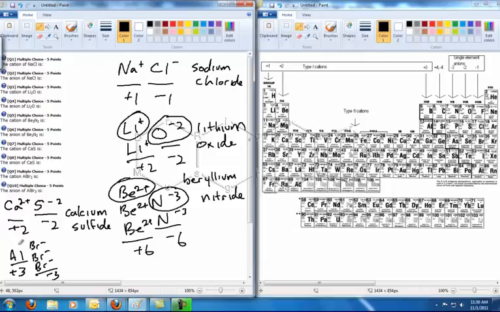And that means that the aluminum must have a 3 plus charge. And if we look over here, we see it's in group 3, so it would have had a plus 3 charge. So the name of this would be aluminum bromide. And aluminum always has a plus 3 charge, so there's no need to put the charge anywhere in the name. Alright, so that's it for those.